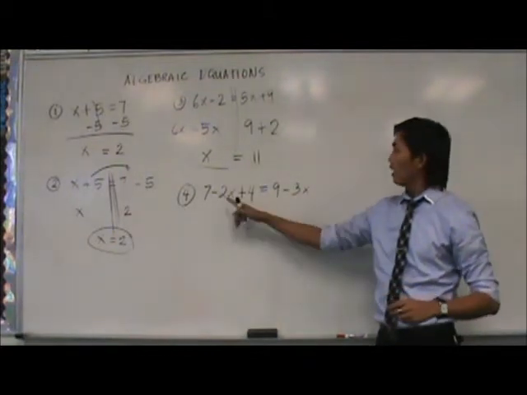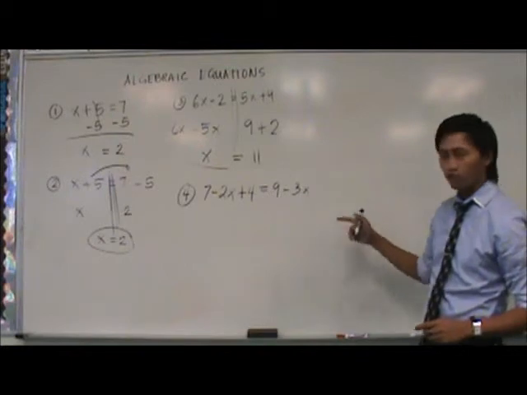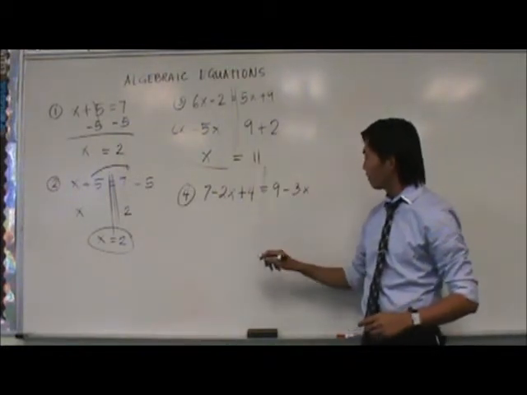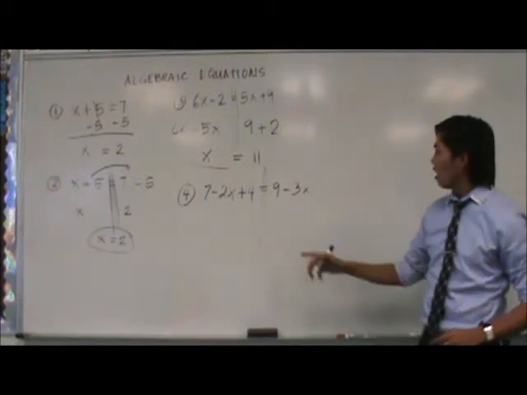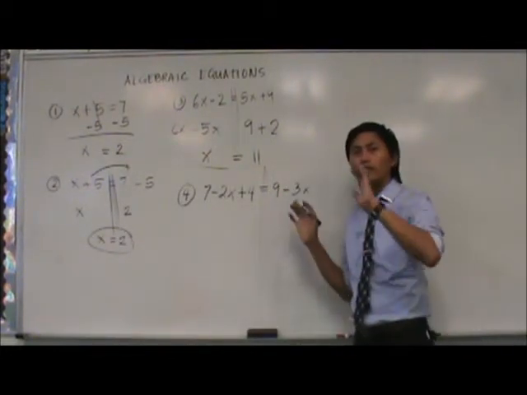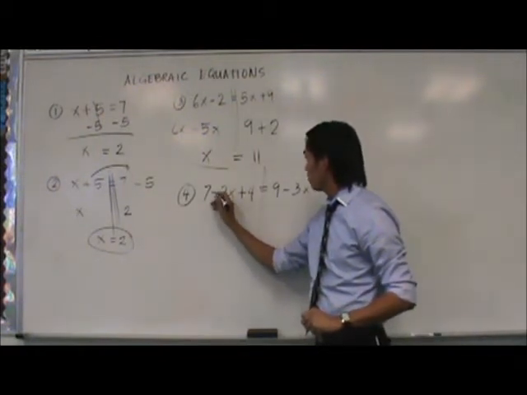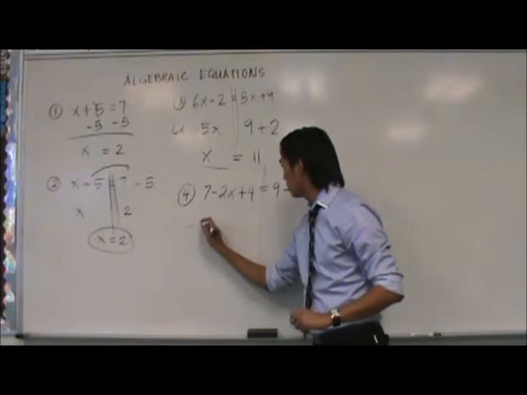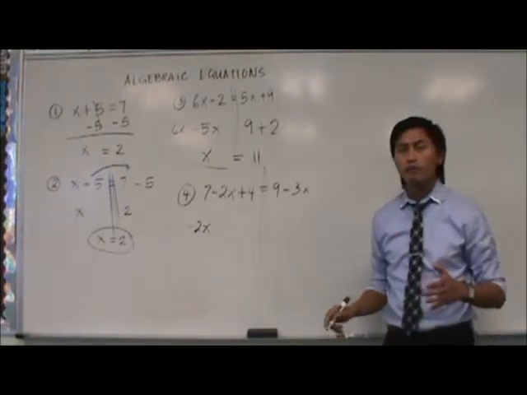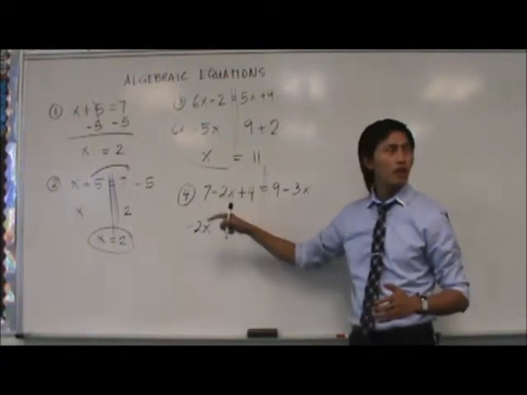This time we got 7 minus 2x plus 4 equals 9 minus 3x. We're going to draw a bridge over that equal sign because we want both x's on the left side of the equation. Now, see that minus 2x? We're going to keep it minus 2x over there. We're just going to write it down. Make sure you copy the negative sign of 2.